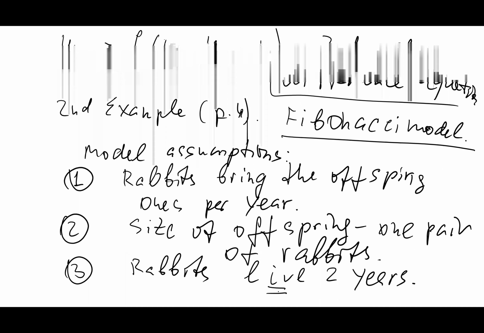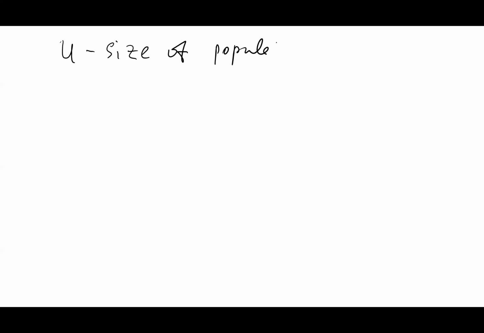Now we have this model, and this model describes a dynamical system. The quantity describing this dynamical system, let's call it u again, is the size of the population, the number of pairs of rabbits.